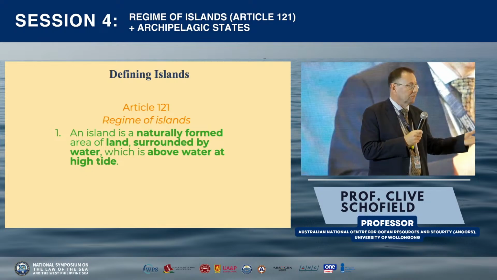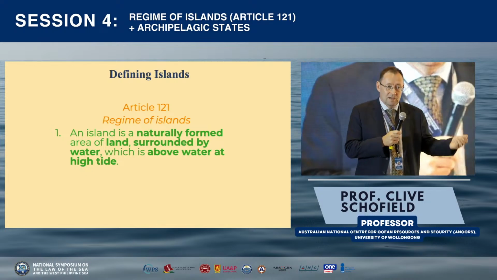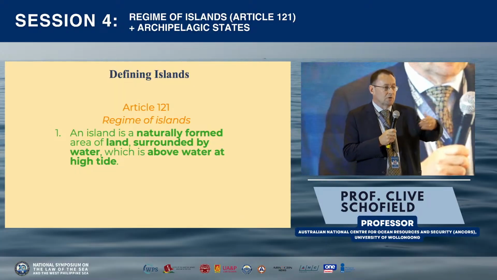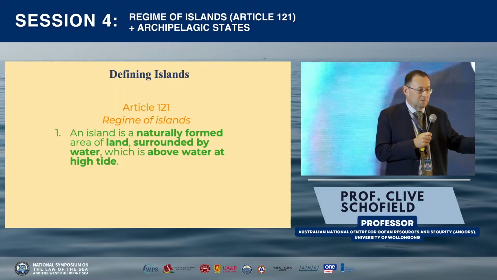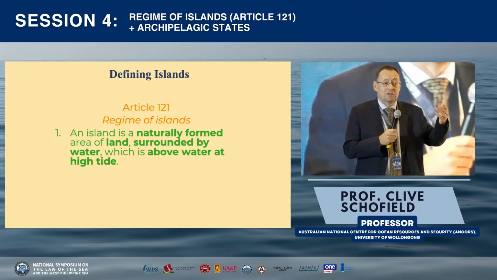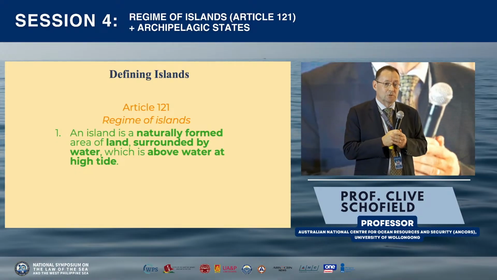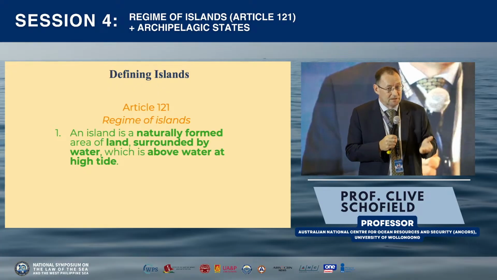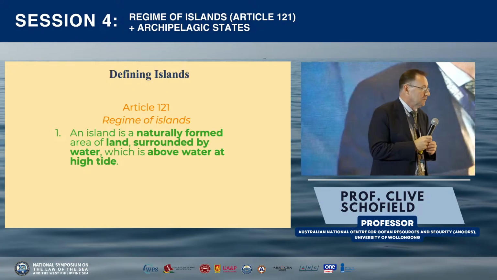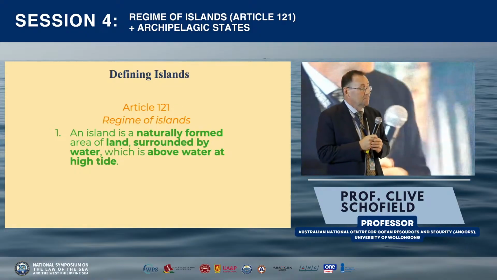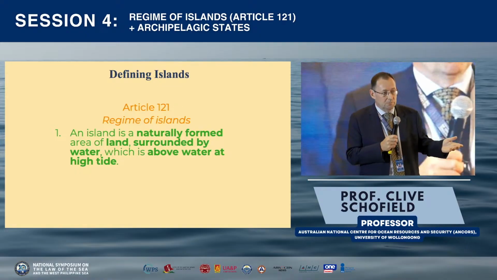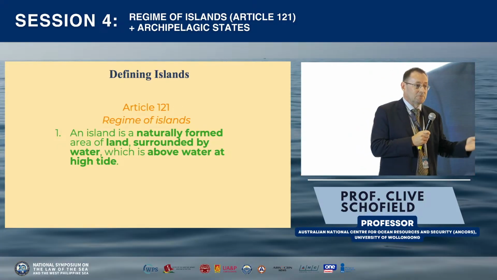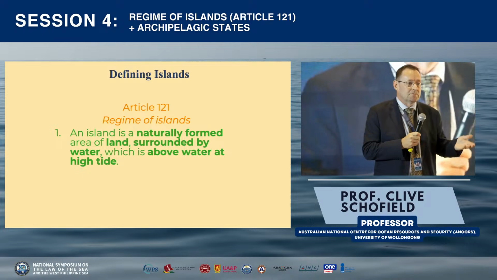Have to have a naturally formed feature, an area of land, and my legal friends, I'm a geographer by training, but with spending a lot of time with my legal friends, some of whom will dispute every single word, the word land may be fairly straightforward, but it is still capable of causing dispute, as we'll see. Surrounded by water. Well, we are dealing with islands, so that seems to make sense. And you have to have a feature that is above high tide.